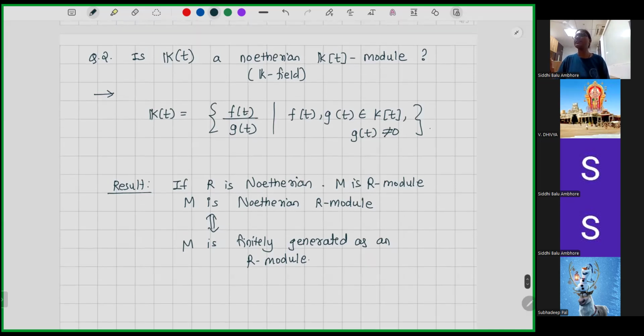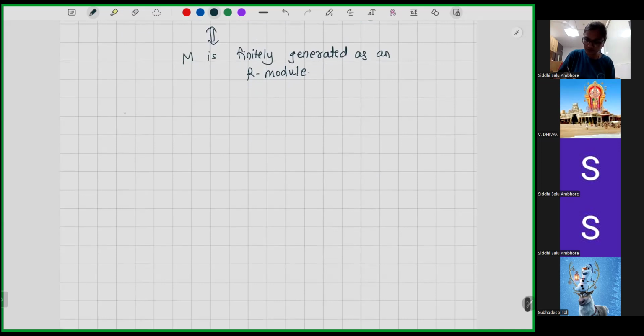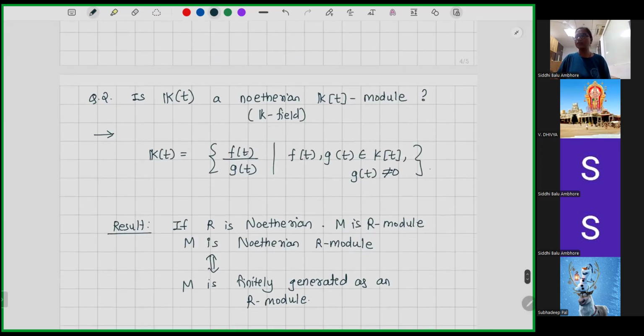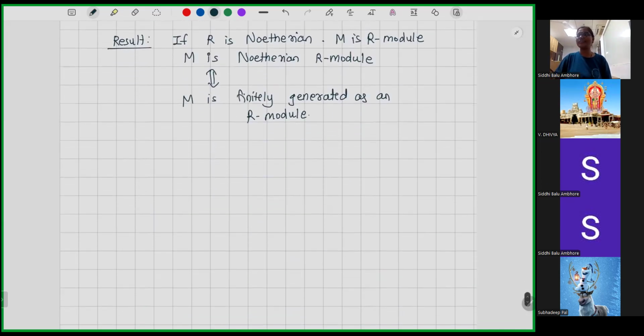You know what finitely generated as an R module means, right? Okay, so is this true then? Shubhadeep, when you said yes, do you mean this statement is true, or that you know that it is a module?